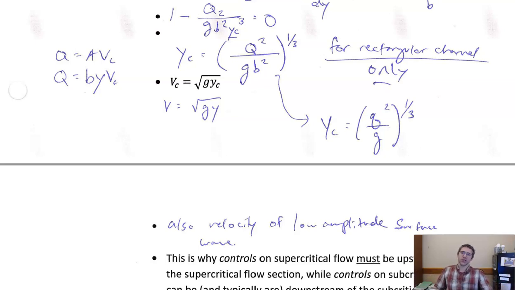What is that velocity? It's the square root of gy, where y is the depth of the water I'm standing in. So as the water gets deeper, the velocity of those ripples is going to go faster, and that's all that that velocity depends on. It doesn't depend on how hard the pebble hits the water or anything else. It just depends on the depth, which is very interesting.